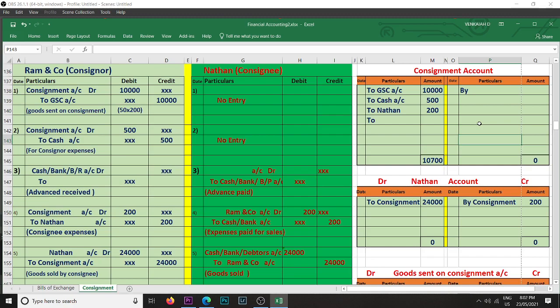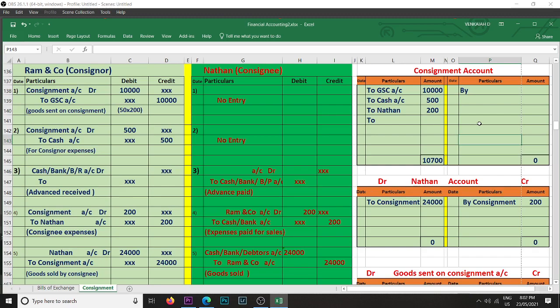With all the entry amounts, now we will take the difference. It is 12,000. The remaining 12,000 I have to write.